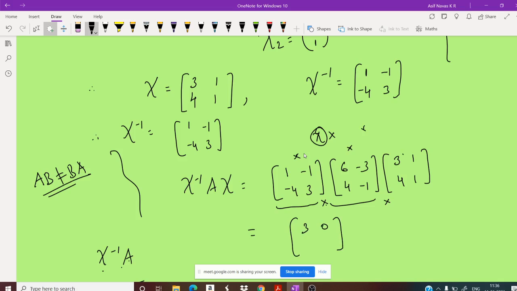Is it 3002 or 2003? Anybody got the answer? So here we want to multiply these three matrices. If you have a calculator, you can easily multiply. Okay, what is the answer?